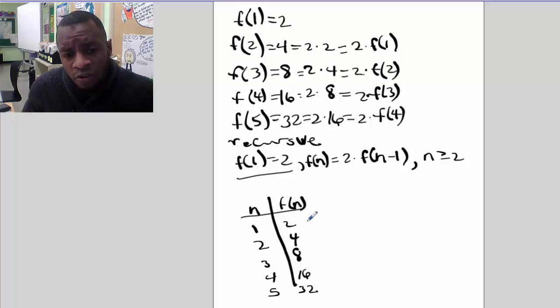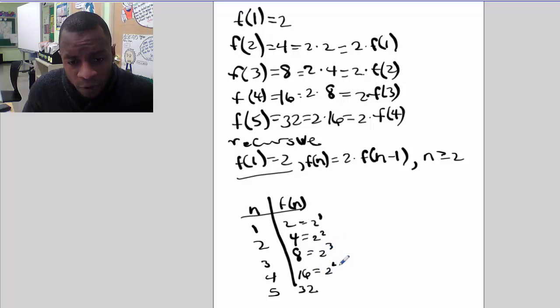Okay, and so what we want to do is express these. This is simply 2 to the first. This is 2 squared. This is 2 cubed. 2 to the 4th power, and 32 is 2 to the 5th power.